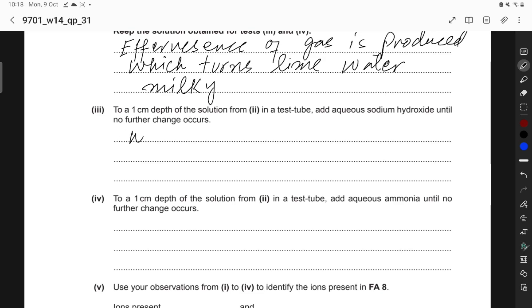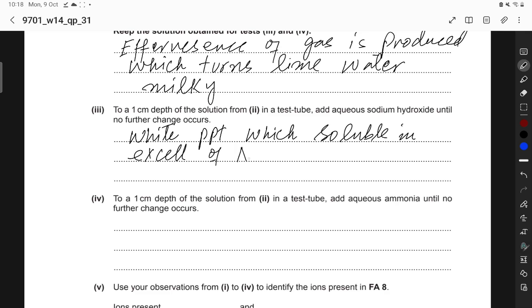White precipitate, white precipitates which are soluble in excess of sodium hydroxide.